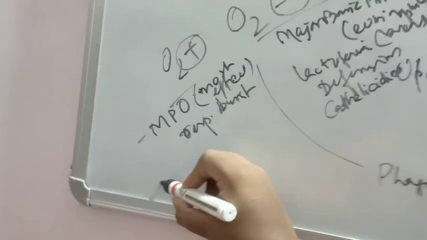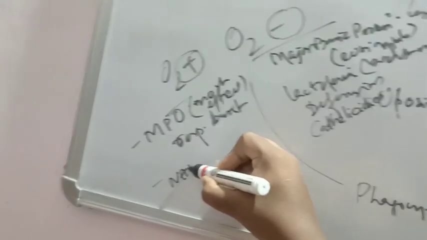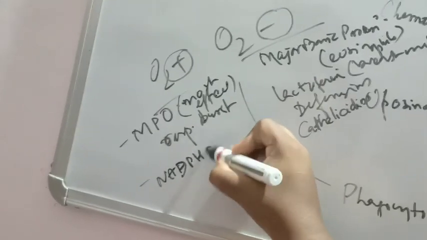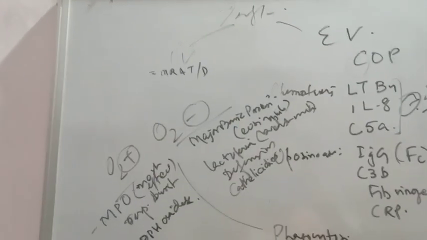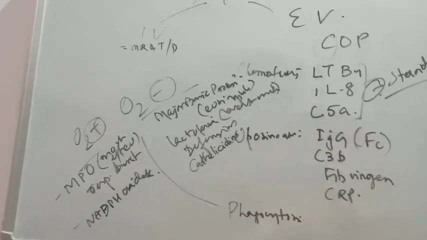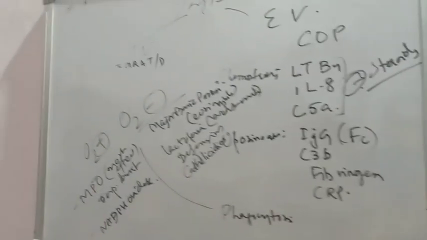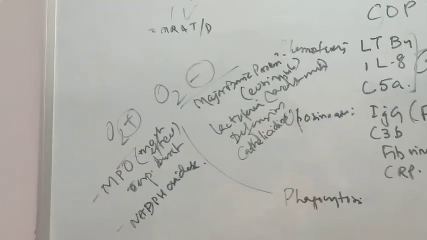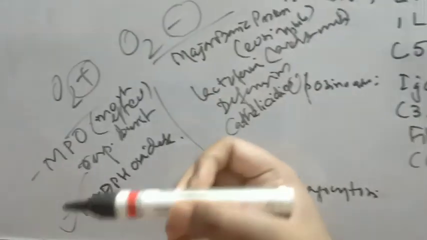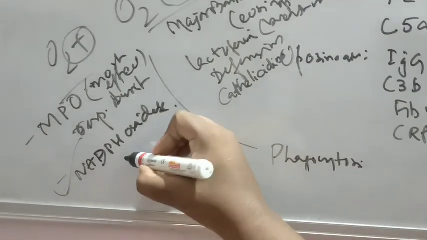The next is NADPH oxidase. This comes in the question sometimes. The question is like chronic granulomatous disease, which enzyme is deficient? Or nitroblue tetrazolium test is done for which enzyme deficiency? This is a previously frequently repeated question.